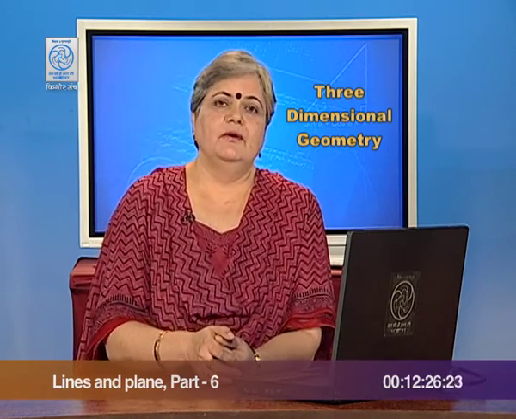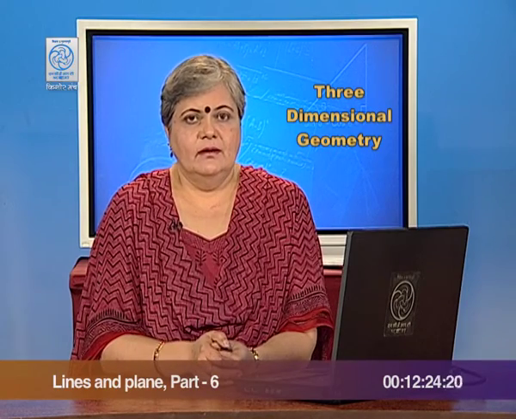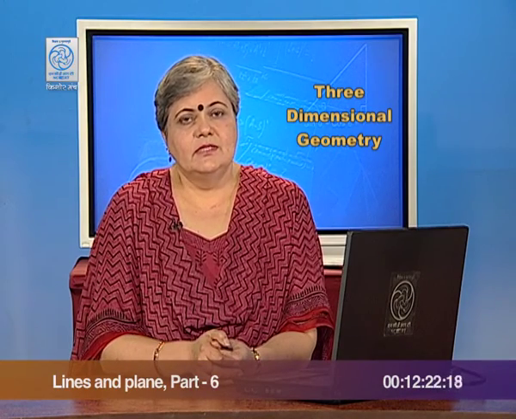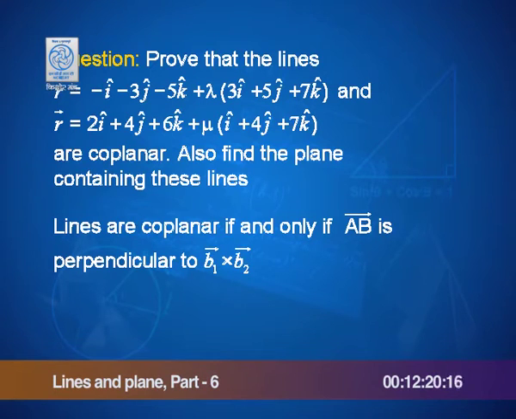So how do we check whether the lines are coplanar? As we discussed just now, find the vector AB, which is A2 minus A1, and consider B1 cross B2. If I can show that vector A2 minus A1 dot B1 cross B2 is 0, the lines are coplanar.